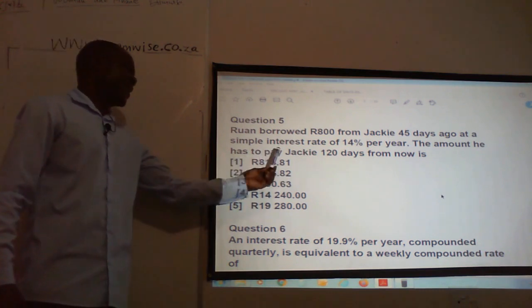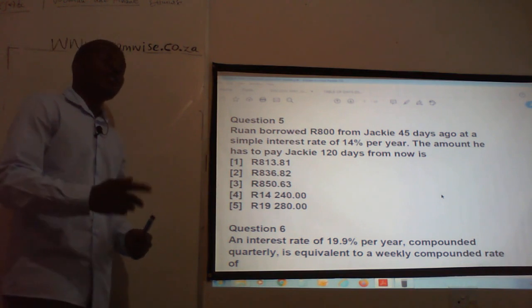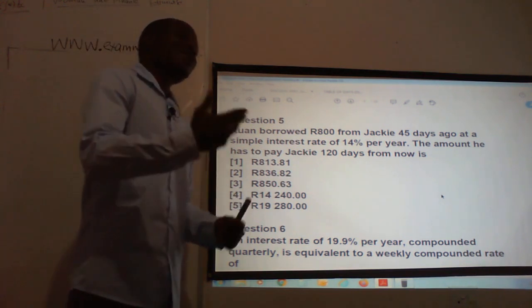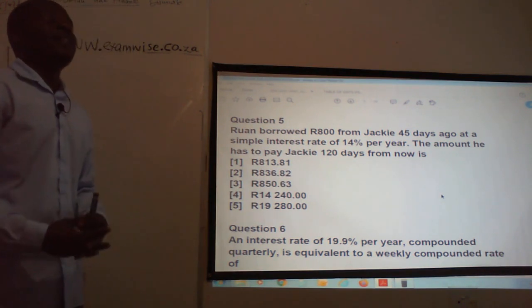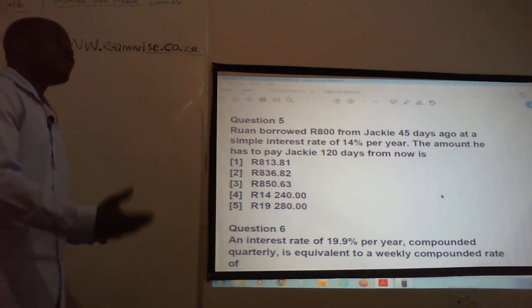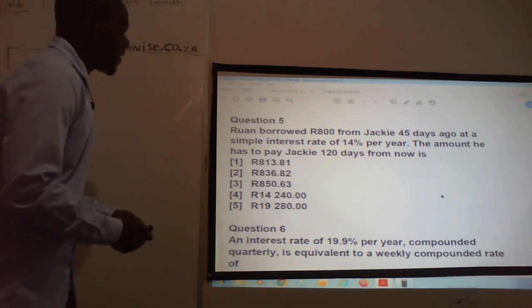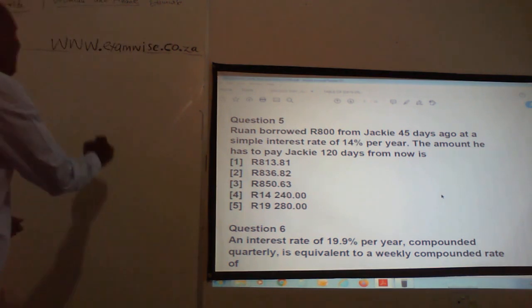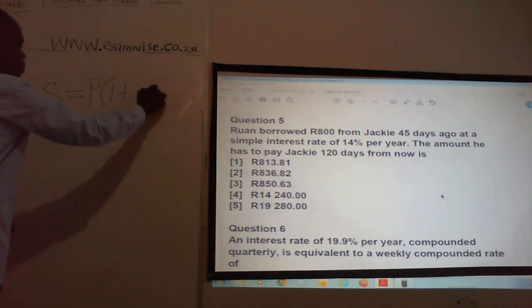As long as they are saying simple interest rate, it means we are using the simple interest model, with the main formula S equals P in brackets 1 plus RT.